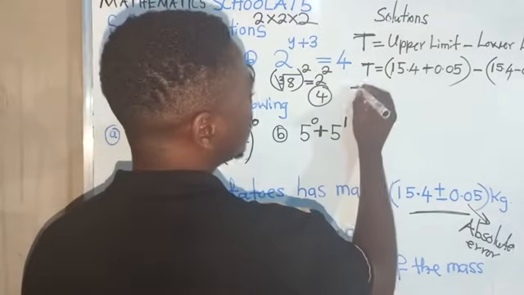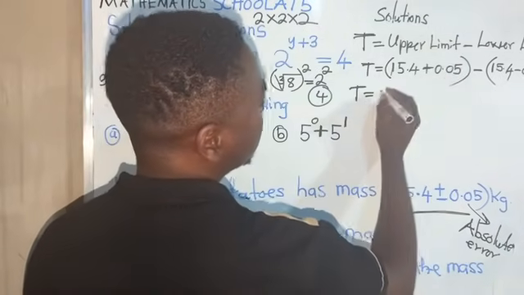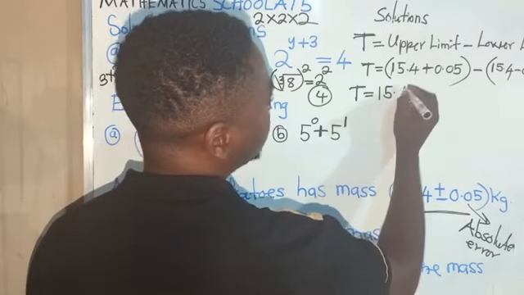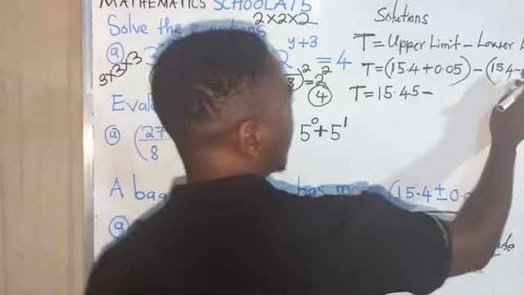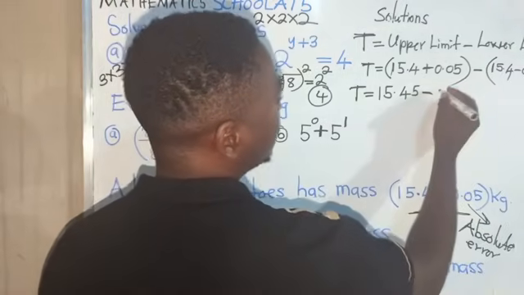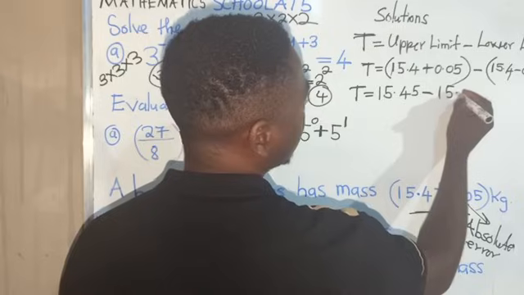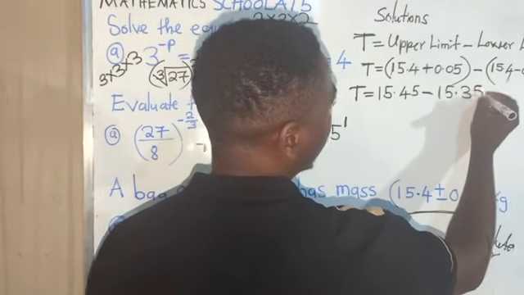So I'm going to say tolerance is equal to, if I add this part, I'm going to get 15.45, minus, if I subtract here, what am I going to get? I'm going to get 15.35.